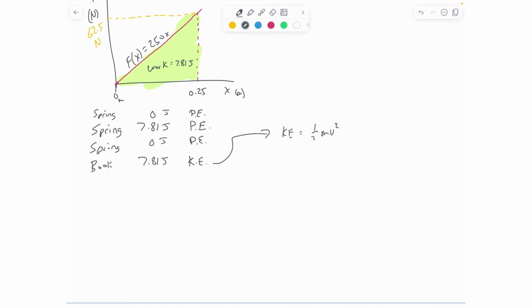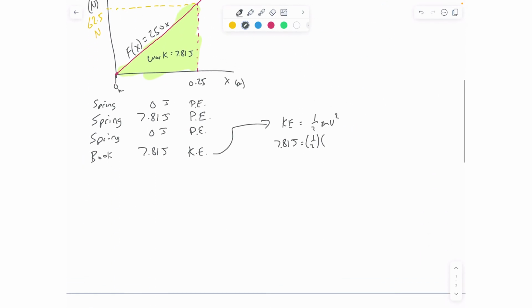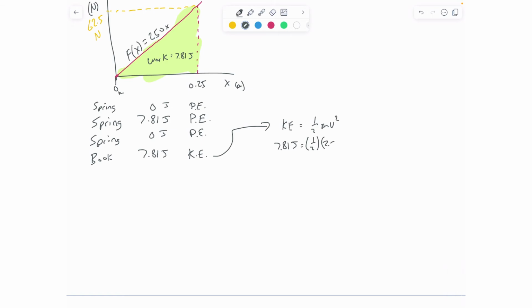And I know the kinetic energy is 7.81 joules, and I know the 1/2, and the mass, it told us the mass, 2.5 kilograms. And then V, of course, is V. This V squared is what we're looking for.